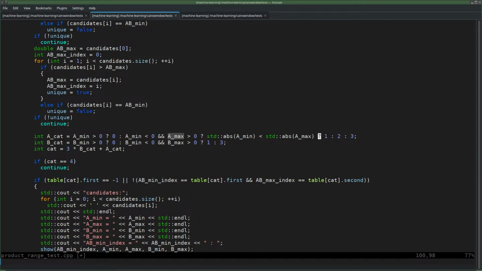I guess that still compiles. And then the same thing for B again.